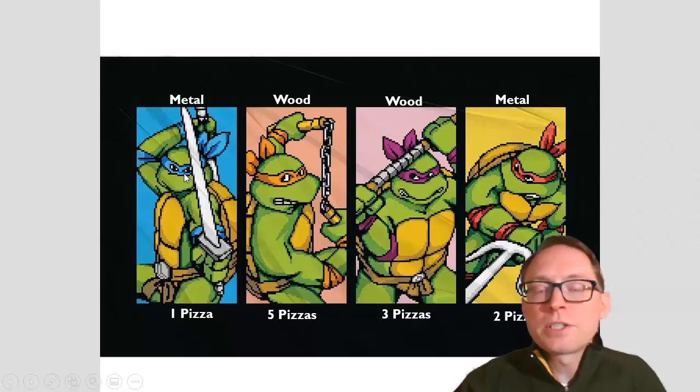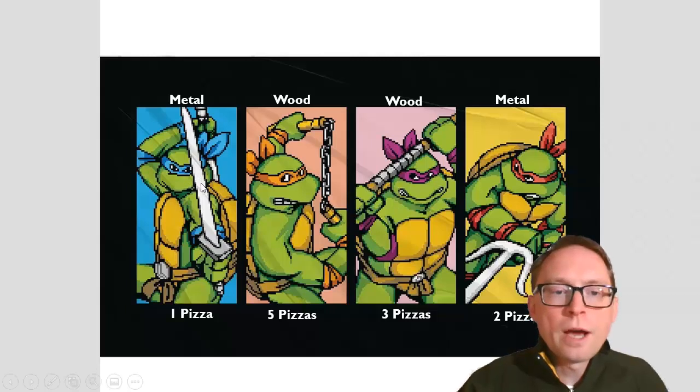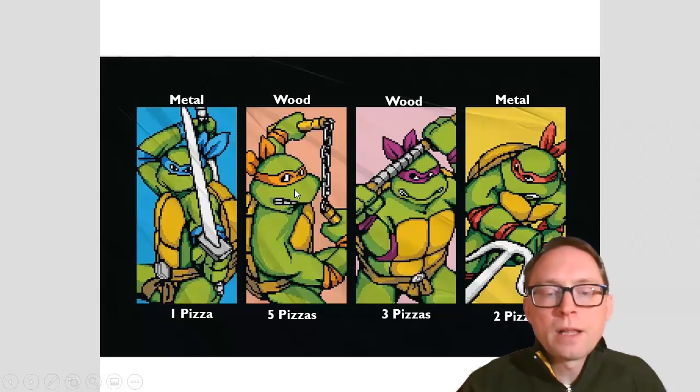And let's get some information about a couple of variables. So whether or not his weapon is metal or wooden. He has katana blades, that's a metal weapon. This is Michelangelo. He uses nunchucks, that's mostly wood. Donatello has a bo staff, he's mostly wood. And Raphael has a sai, that's a metal weapon.